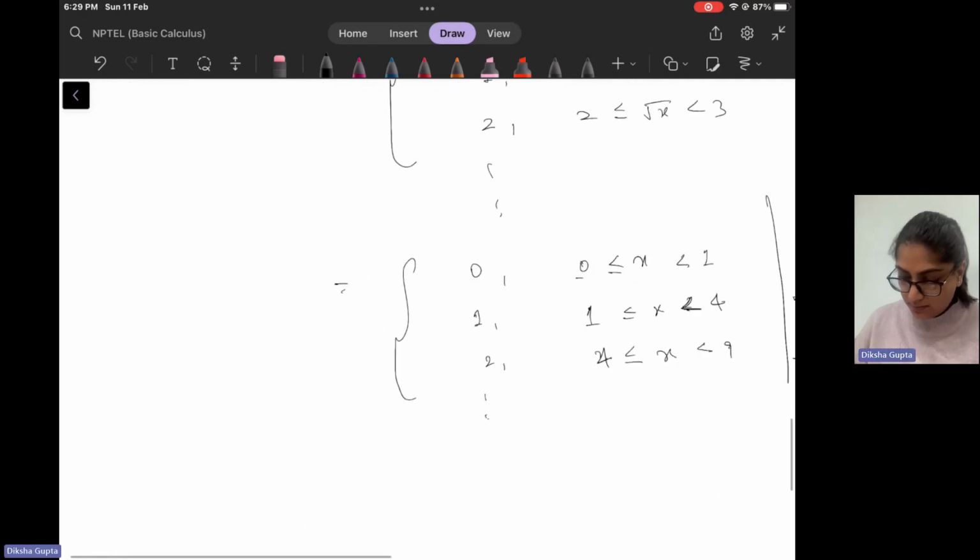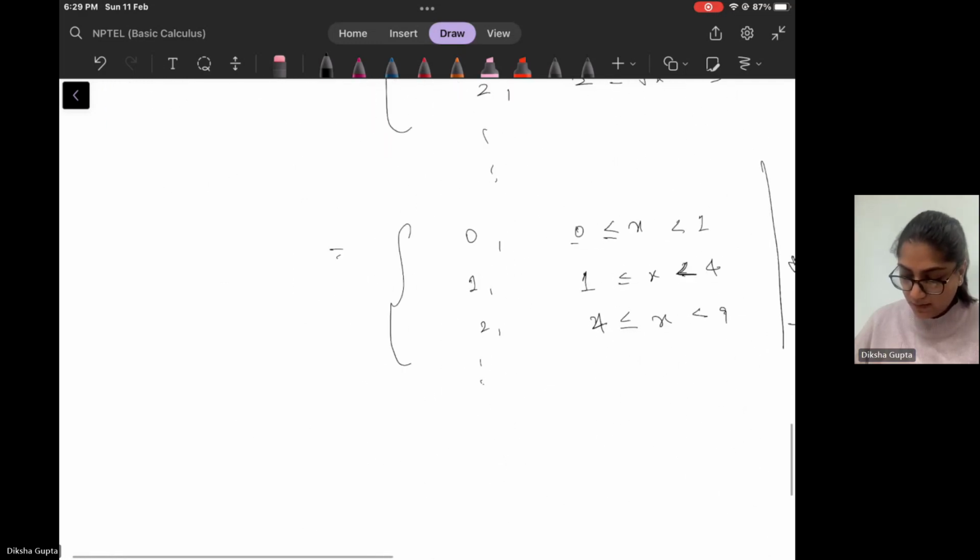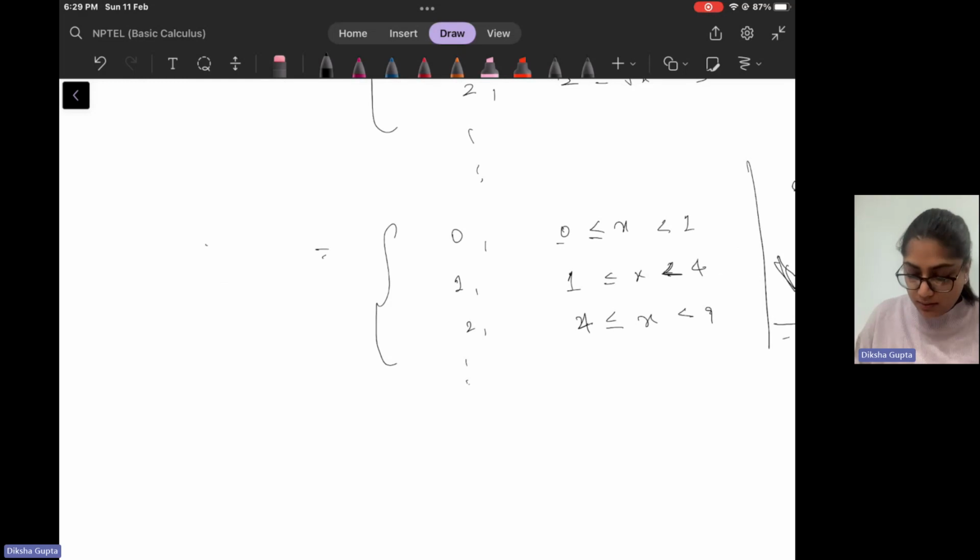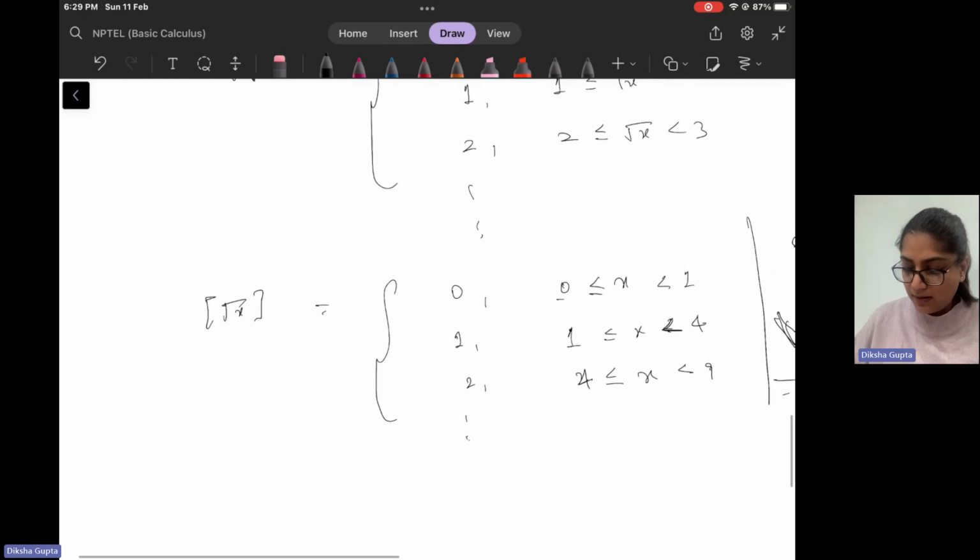So this is basically the function, the greatest integer of root x. Greatest integer just means the greatest integer which is less than or equal to the value we are evaluating the function at. So if we are evaluating the function at 0.5, the greatest integer below it is 0.